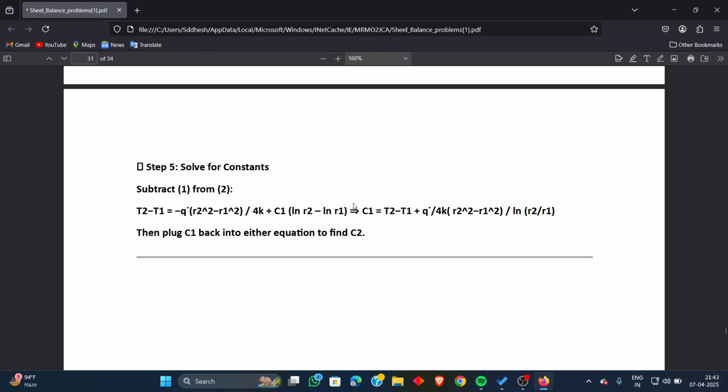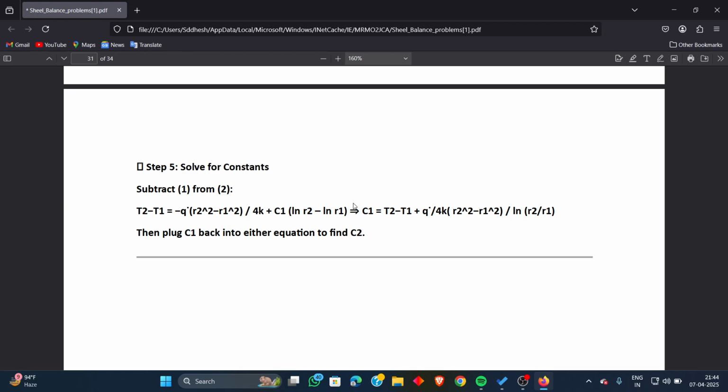Step 5 is solve the constants. Subtracting equation 1 from equation 2, T2 - T1 = -q̇ (r2² - r1²)/4k + C1 (ln r2 - ln r1), which gives C1 = [T2 - T1 + (q̇/4k)(r2² - r1²)] / ln(r2/r1).